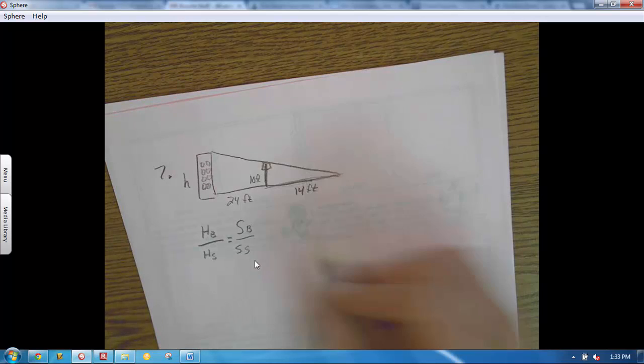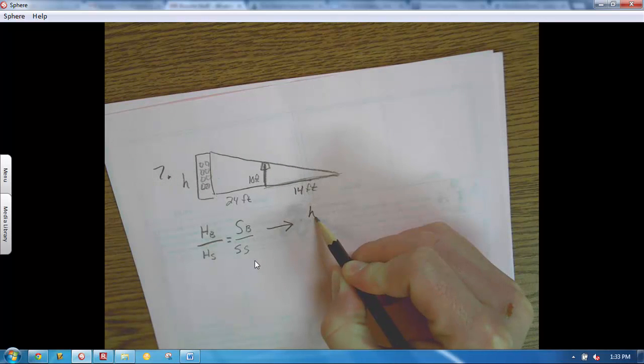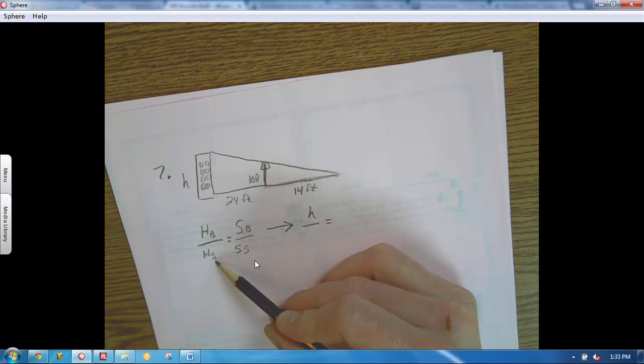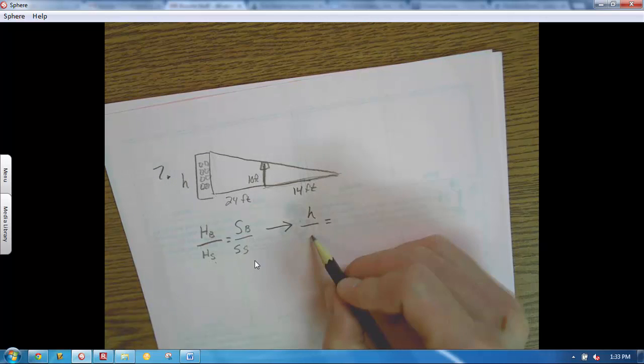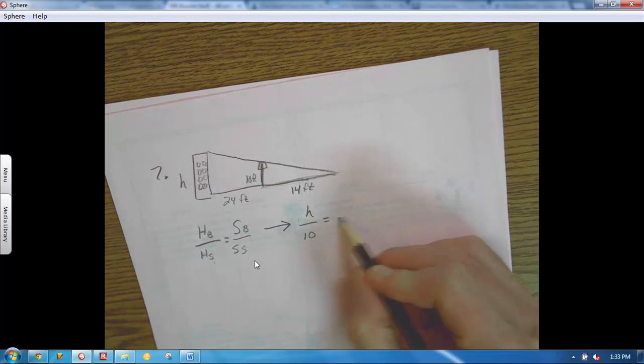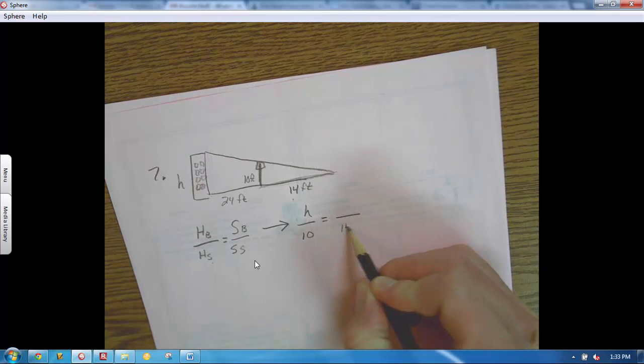So the height of the building is my h. The height of the sign is 10 feet. The shadow of the sign right here is 14 feet.